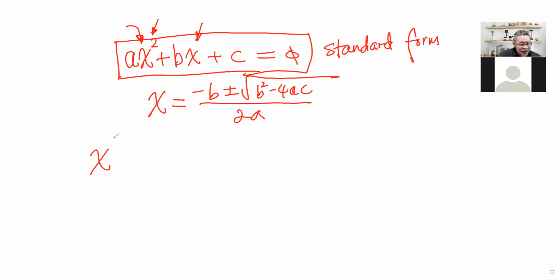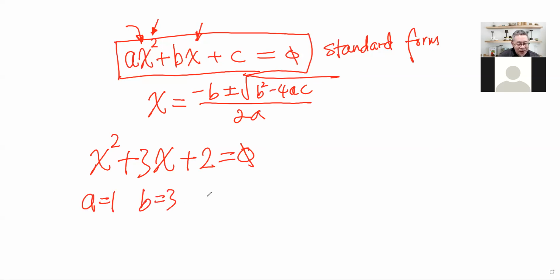So for example, x squared plus 3x plus 2 equal to 0. Now, in this case, we know our a is 1, our b is 3, our c is 2. So we just need to plug in.